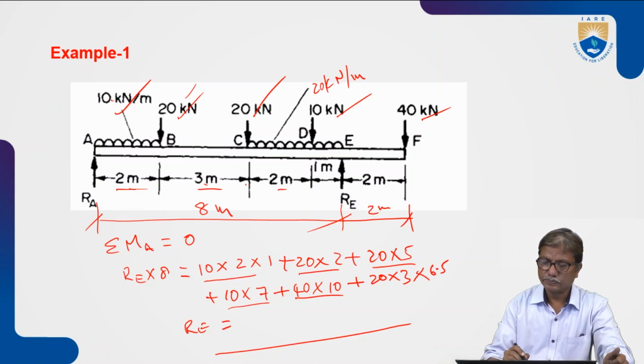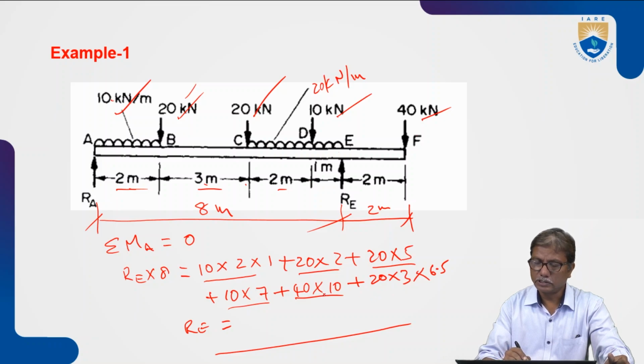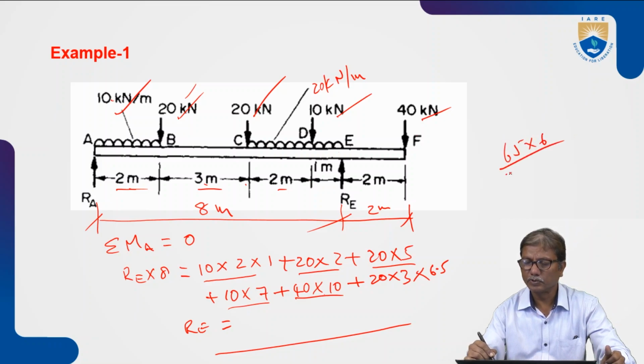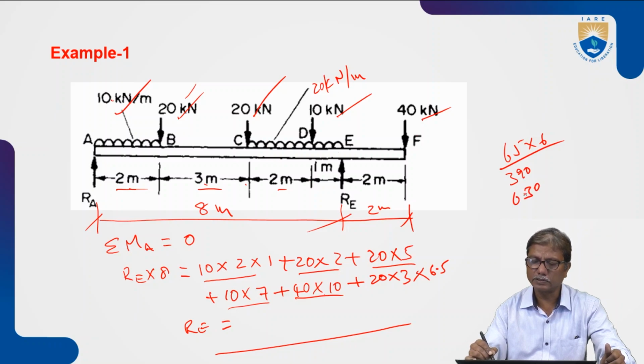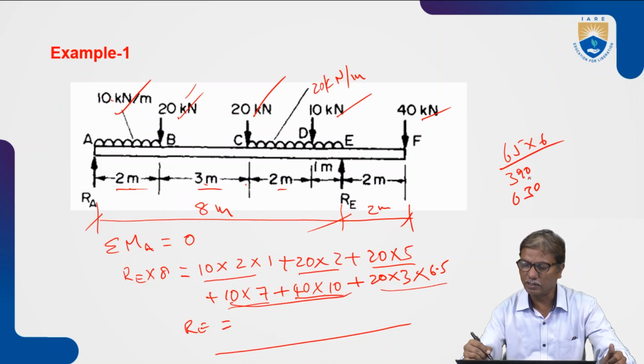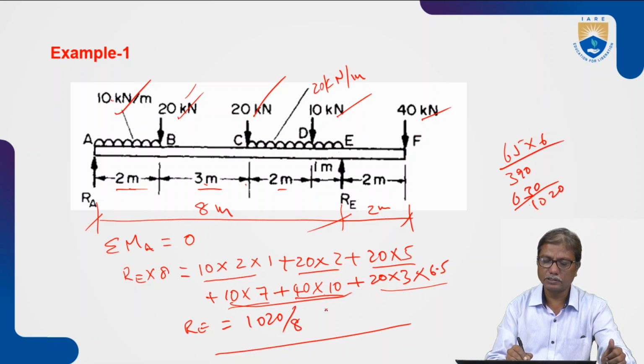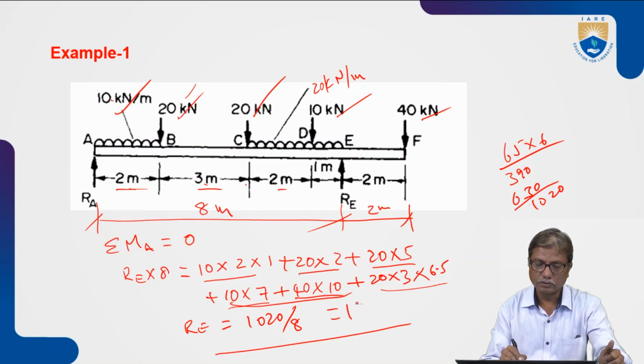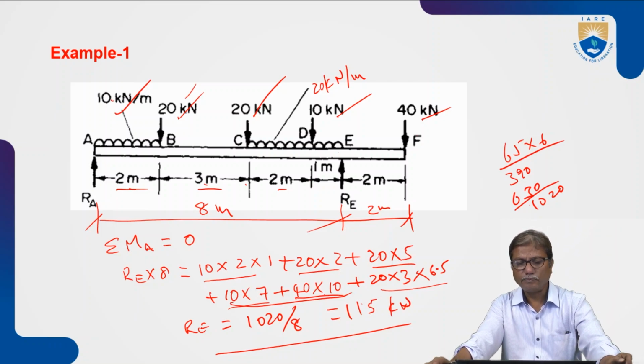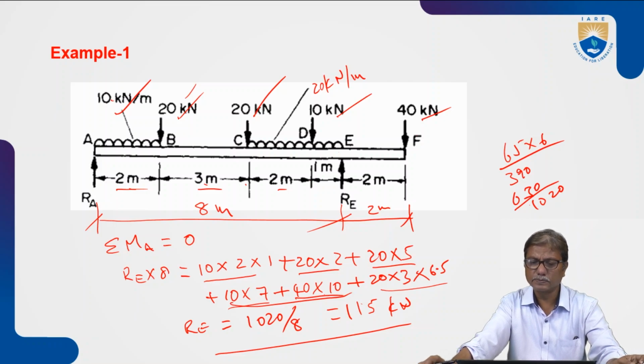So this gives the load moment 630 plus 20 into 3 into 6.5, that is 60 into 6.5, which is 390. 630 plus 390 is 1020, divided by 8. So RE is 115 kilonewtons.